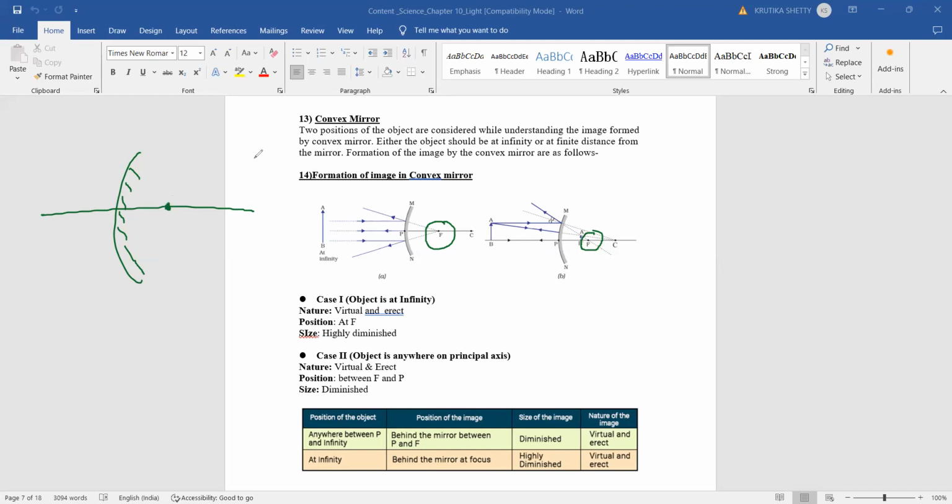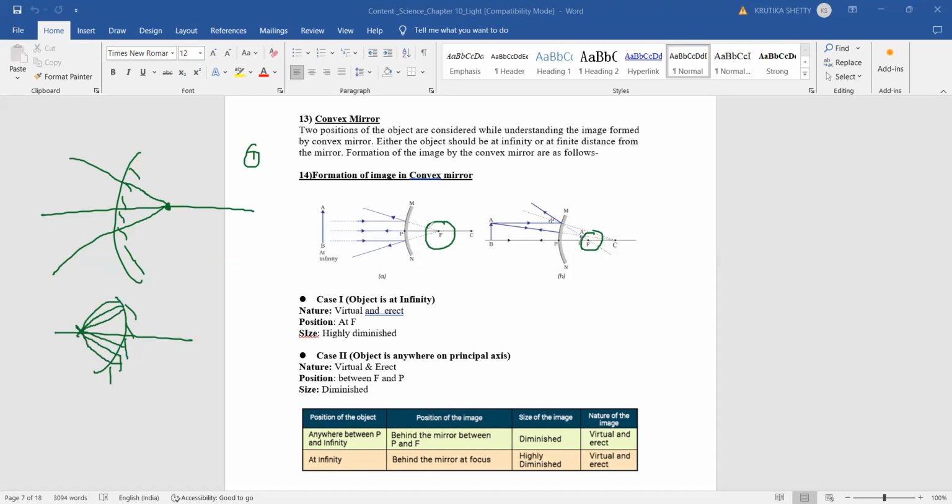So the first point is the principal focus is the point on the principal axis from where the rays appear to either diverge from that point, or if you consider the concave lens, the lines appear to diverge at that point. Means whatever the reflected rays are there, they appear to diverge or they appear to converge at that point.